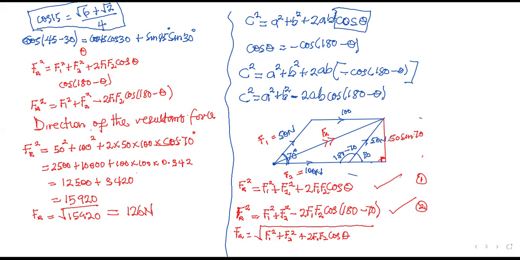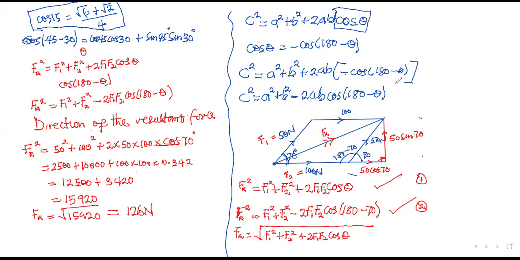Then this side must also obey the triangle law of vector addition. This side must also be 50 cos 70.